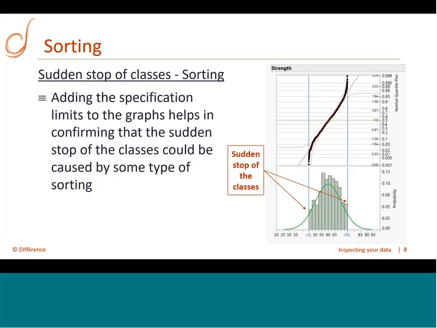So it could be sorting of the products. For example, the situation could be you receive product from your supplier, and your supplier has those blue specs. And because your supplier knows he's producing products that are outside of specs, he's performing 100% inspection. On your side, you do some inspection of the incoming products.